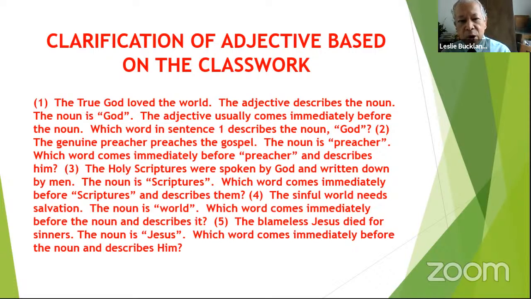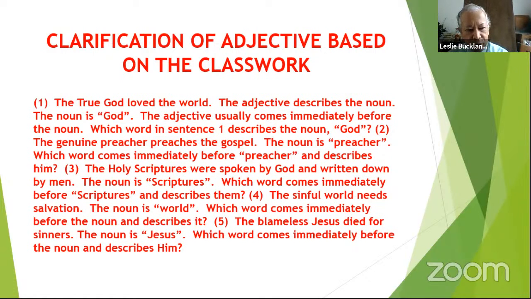I just want you to be aware that the position of the adjective in relation to the noun can either be one, right before the noun, or after the word is. Okay, so genuine is correct.